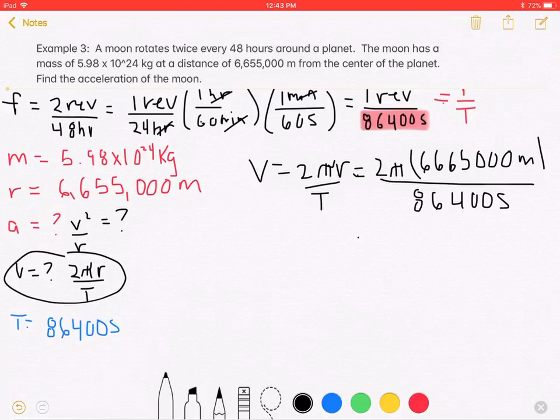Okay, so we multiply that through, and we're going to get 484.7 meters per second.